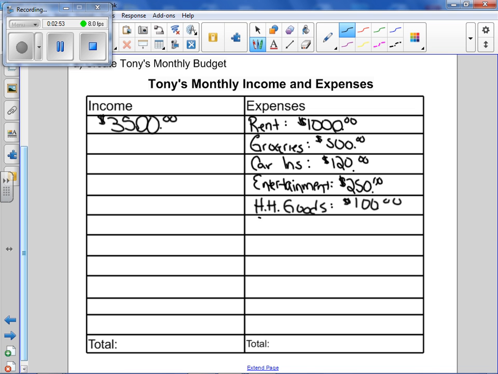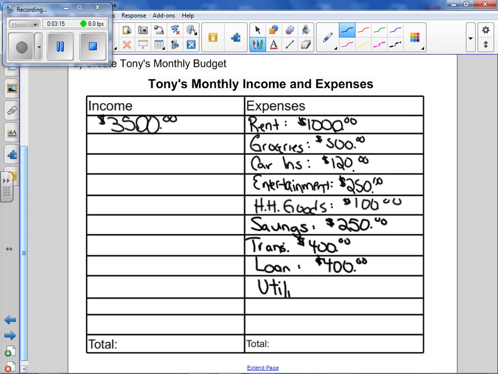He has savings of $250. He has transportation at $400. He has a loan payment that is $400.